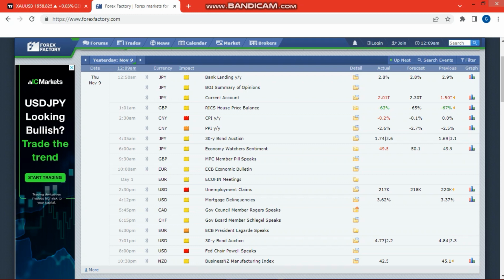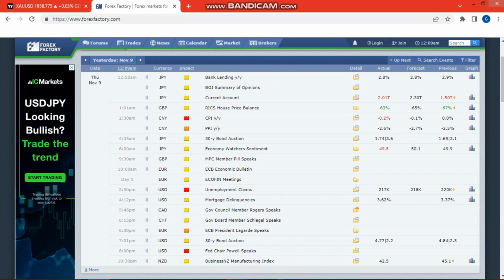These are the currencies you're seeing right here, which means these are the news for these currencies yesterday. So on JPY, you see the news at the front right there. Whenever you see a yellow symbol like this, it indicates low impact expected.